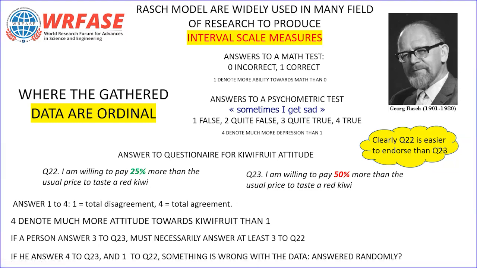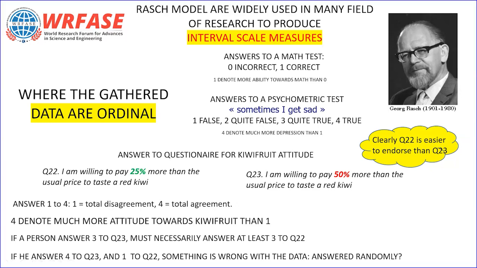And if a person answers 4, for example, to question 23, so total agreement to pay 50%, and answers 1 to question 22, something is wrong with the data.